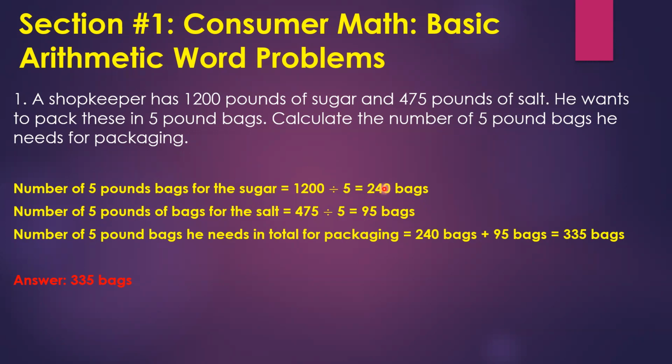Then you have to find the number of 5-pound bags for the salt, which equals 475 divided by 5 equals 95 bags. Then you have to find the number of 5-pound bags he needs in total for packaging, which equals 240 bags plus 95 bags equals 335 bags. Very good explanation, Sabria.